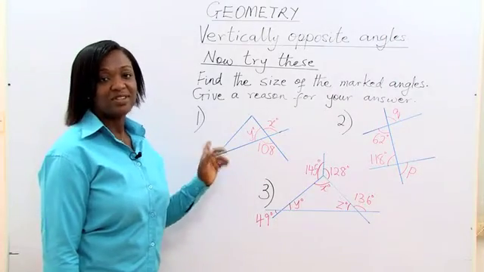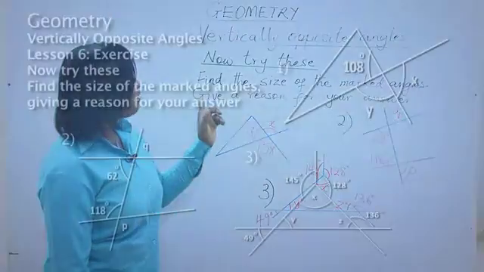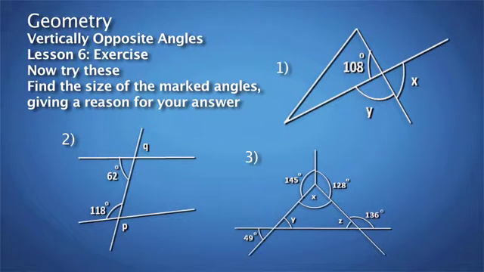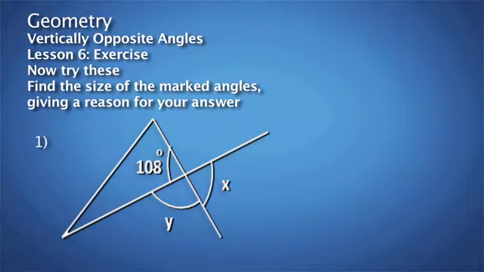let's try out this exercise. Find the size of the marked angles. Give a reason for your answer. The reason is what will show that you understand what you are doing. So number 1, find the value of x and y.